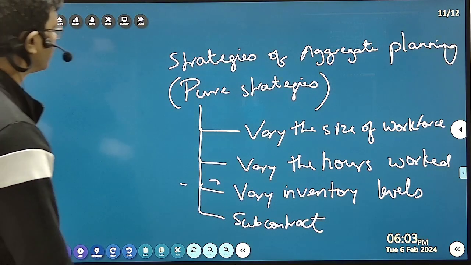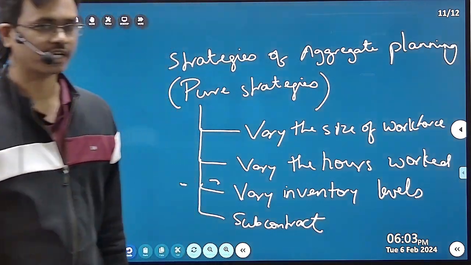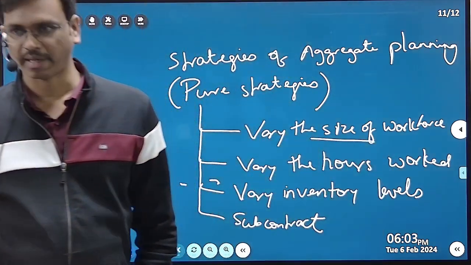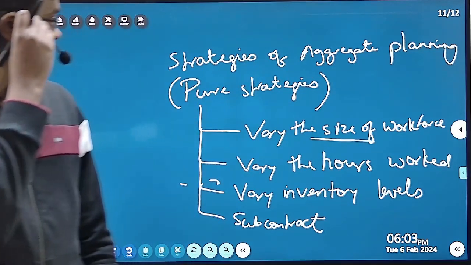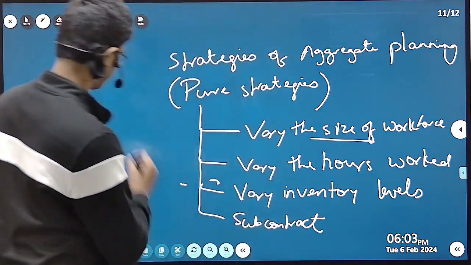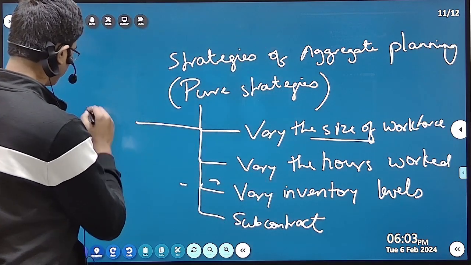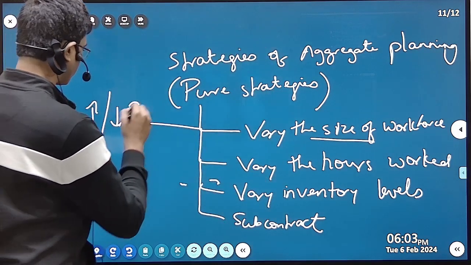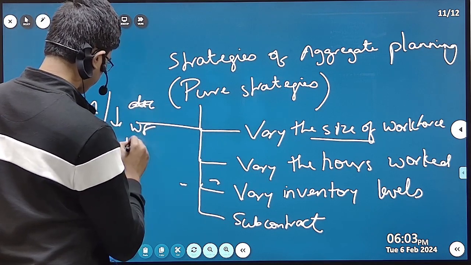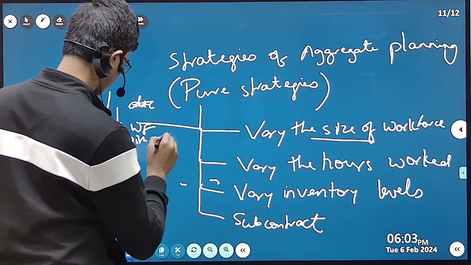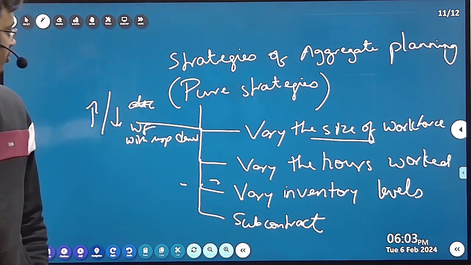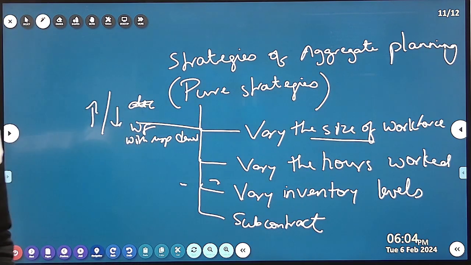Okay, so coming to the strategies of aggregate planning, the first one is varying the size of the workforce. Depending on your demand for the next 1 year, you increase and decrease your workforce. What do you mean by increase or decrease your workforce? You hire or you fire people, right?